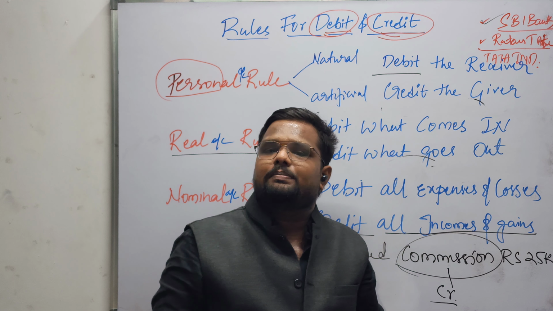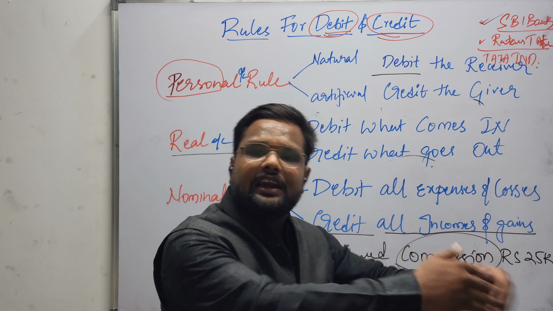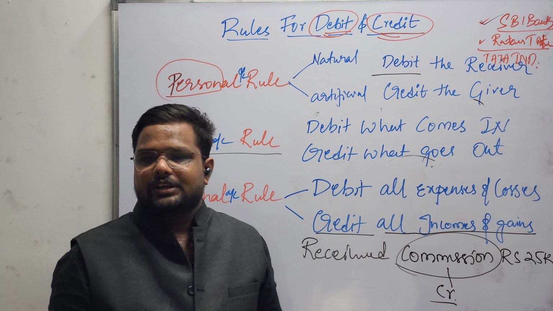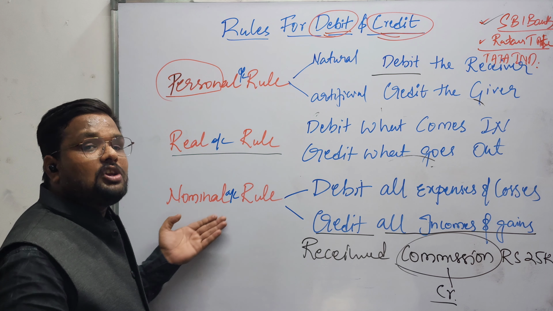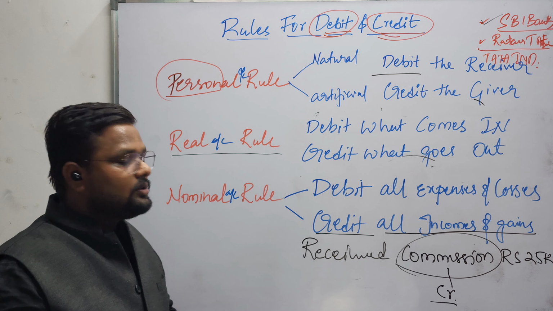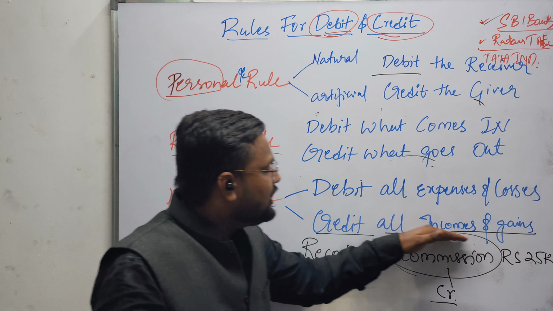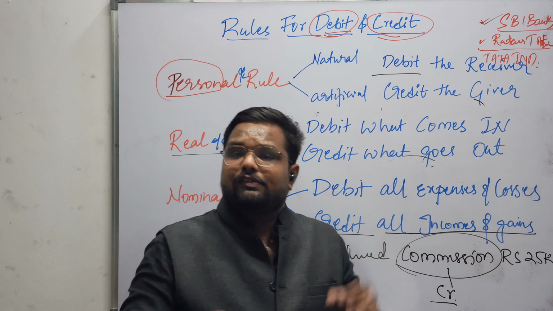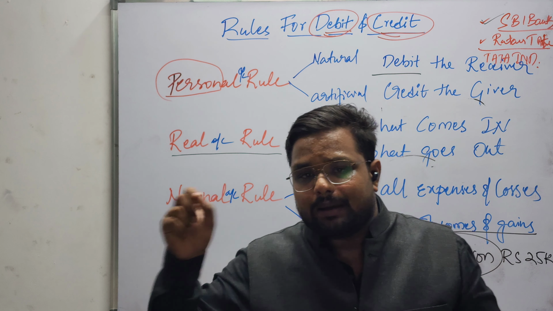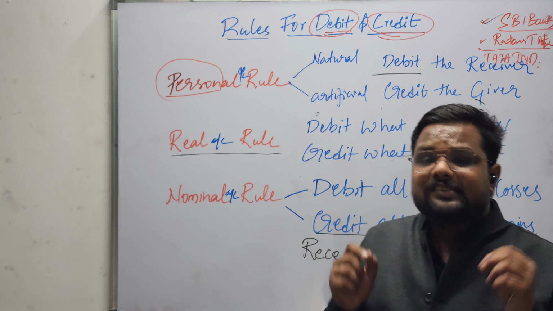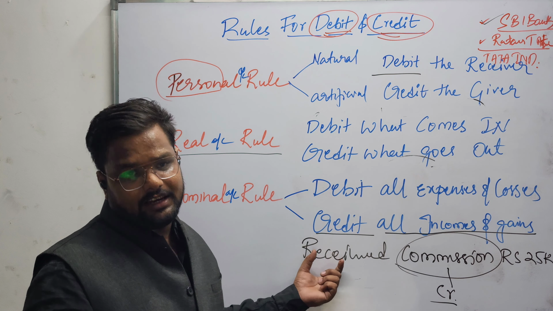Whatever is coming into the business, debit that, and whatever is going out of the business, credit that. Okay? So this is in and out. Very simple, actually. Third one is nominal account. Nominal account rules are debit all expenses and losses and credit all incomes and gains. If the business is having any expenditure, that expenditure should be debited. And if the business is having any income or gain, that should be credited.